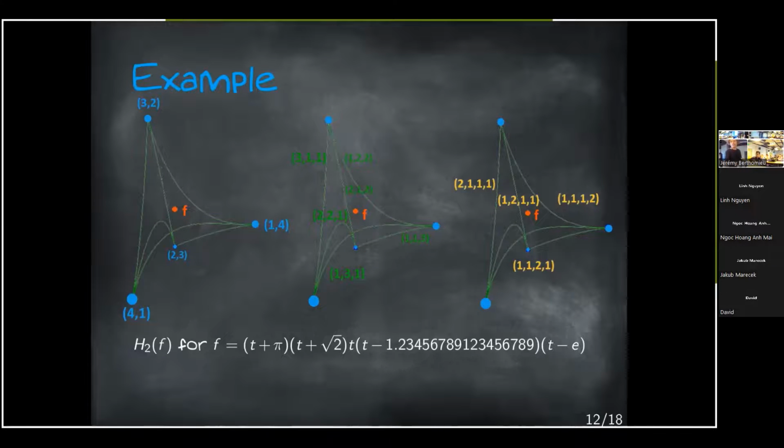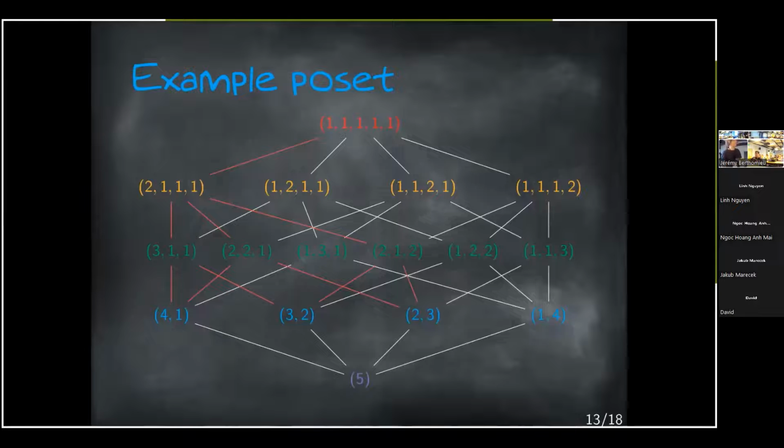If you look at the Hasse diagram here, you see for instance this 2, 1, 1, 1 composition is greater than these three compositions: 3, 1, 1, 2, 2, 1, and 2, 1, 2. And it's not greater than any other.